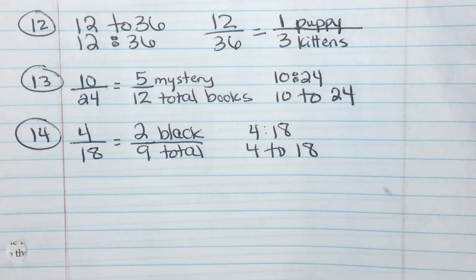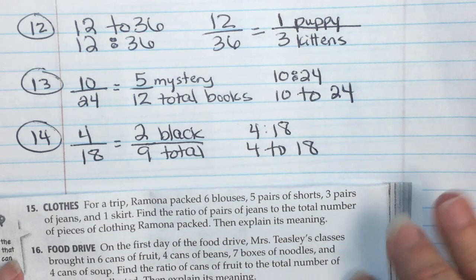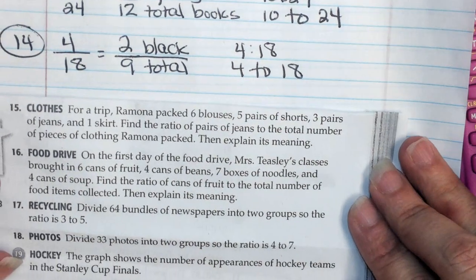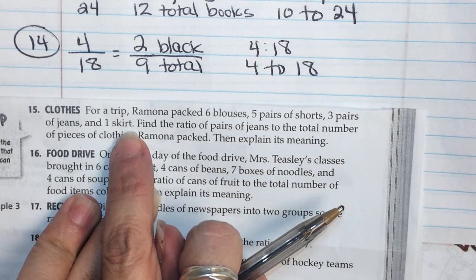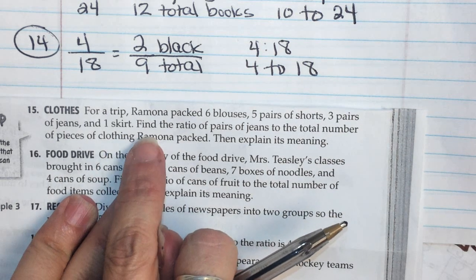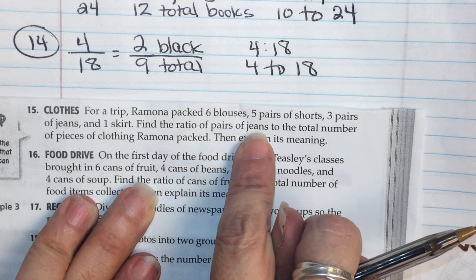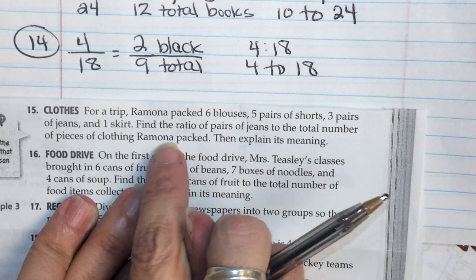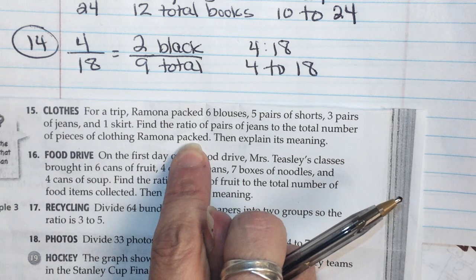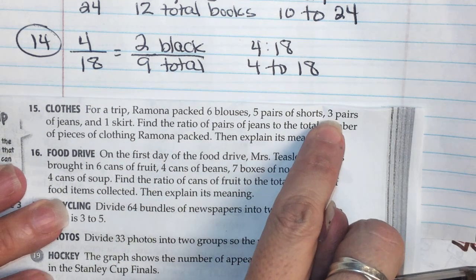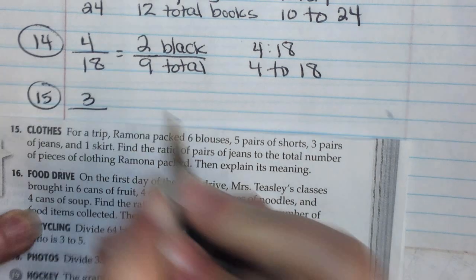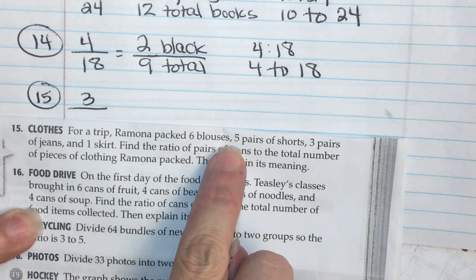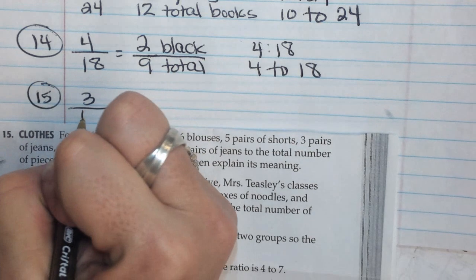So looking at 15, it says for a trip, Ramona packed 6 blouses, 5 pairs of shorts, 3 pairs of jeans, and 1 skirt. Find the ratio of pairs of jeans to the total number of pieces of clothing that Ramona packed. So she did 3 pairs of jeans to how many total? 15.